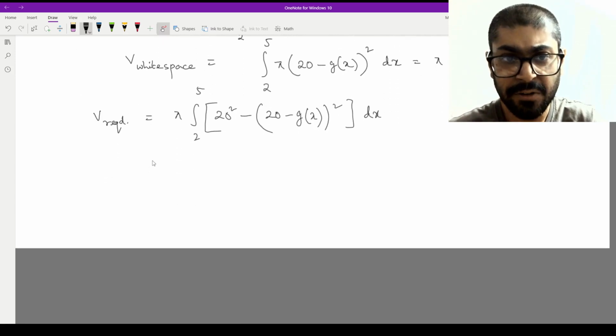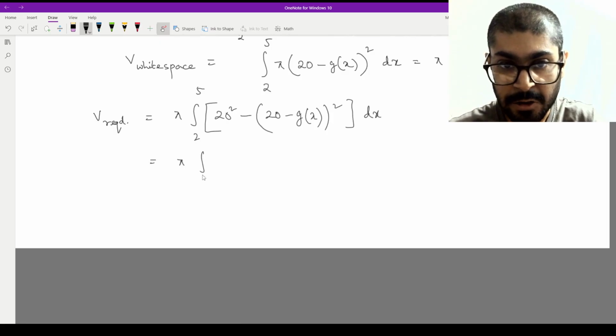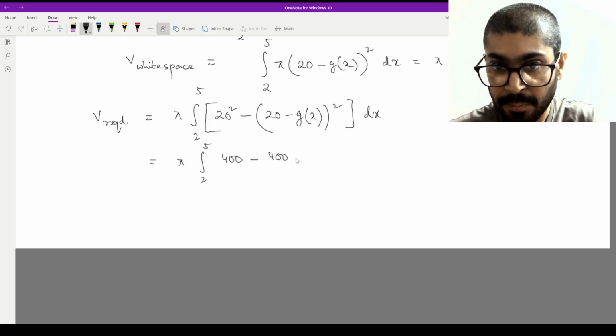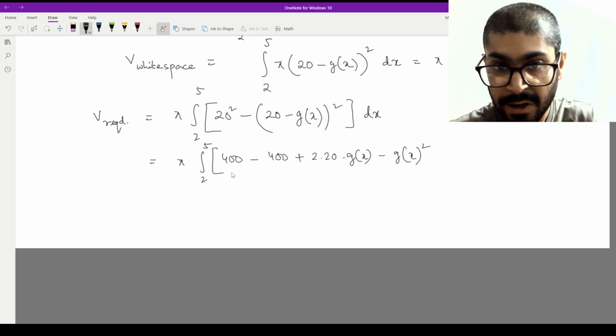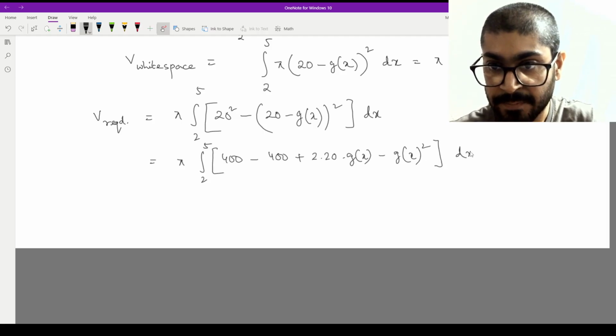Simplify this a bit and you will get your final answer. Now this will be 400 minus 400 plus 2 into 20 into g(x) minus g(x) whole squared, and I can put that under brackets, dx.